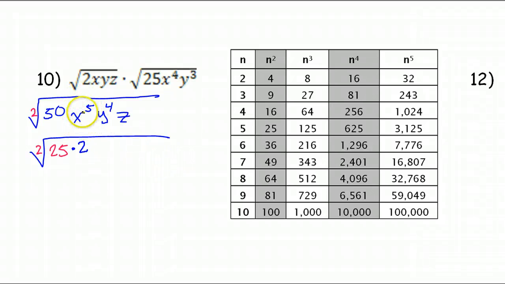Now, as far as the variables go, I just need the exponent to be divisible by 2 because of this. 5 is not divisible by 2. So I will split up x to the 5th power as x to the 4th power, which is the biggest number under 5 that is divisible by 2.